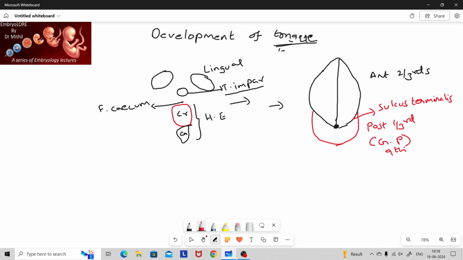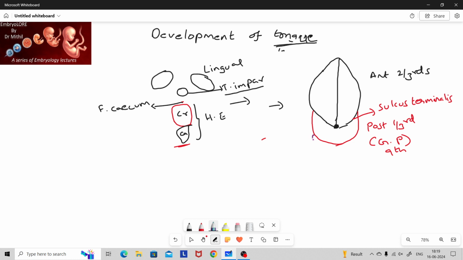Now the most posterior part of the tongue, and the epiglottis, are derived from the caudal part of the hypobranchial eminence. We will use a different color here.